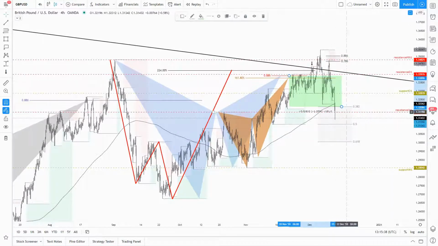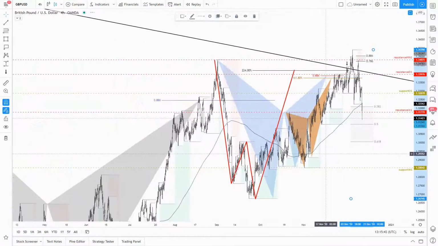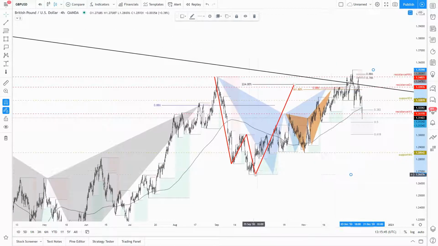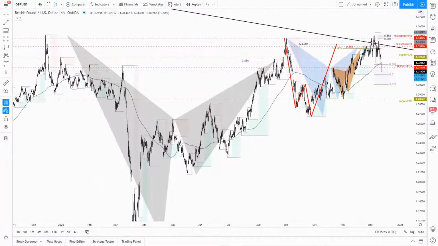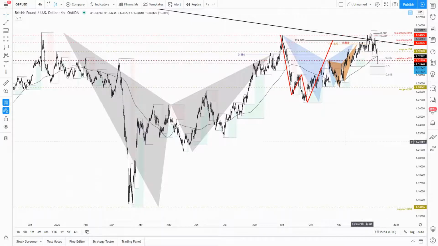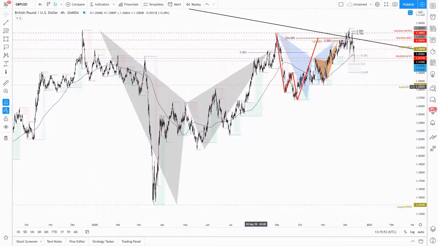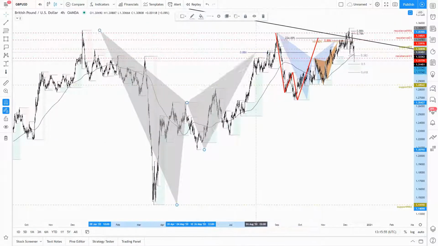We are already approaching the 50% Fibonacci retracement level from these lows. And look at this. 88.6 bearish bat pattern completed here.